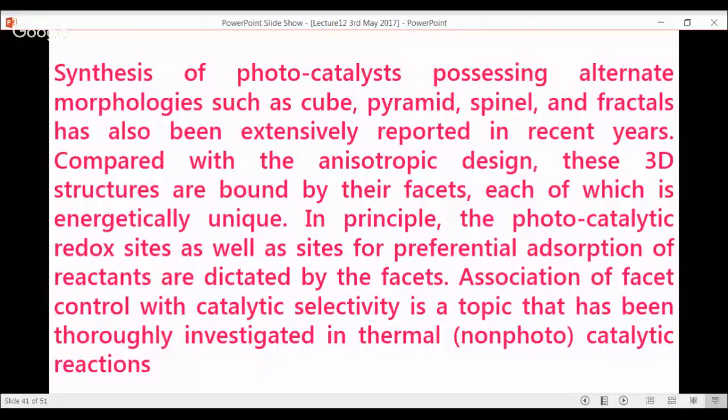Another thing we have not talked about, but I should have, is spinels. Other than the perovskites, spinels are also similar to perovskites. Many combinations are possible. A' B' O3, and A B2O4 is the spinel.